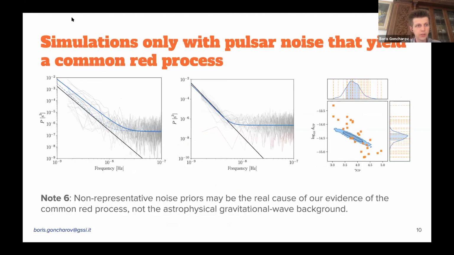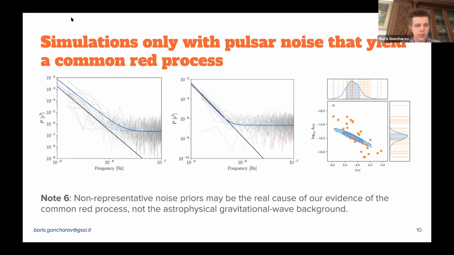But then, 1 minute. 1 minute, excellent. So during this minute I have an interesting highlight of our work, which is becoming a feature of our work, I guess. We did some simulations, and thought a bit more about the analysis, and we actually found that this common red process can be mostly caused by the rejection of the null hypothesis rather than there being some common signal present in the data.